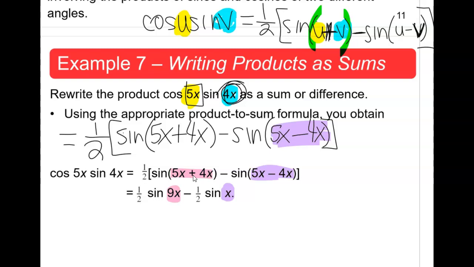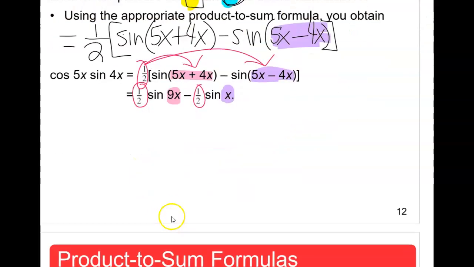And the 1/2, what's happening here is that it's being distributed, because the 1/2 is multiplying this expression and also the second one. So that's why you can see 1/2 times sine of 9x minus 1/2 of sine x. And that will be the solution.